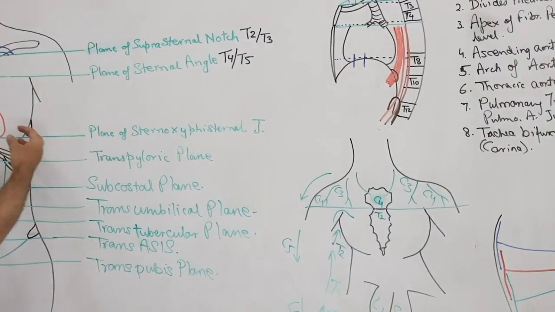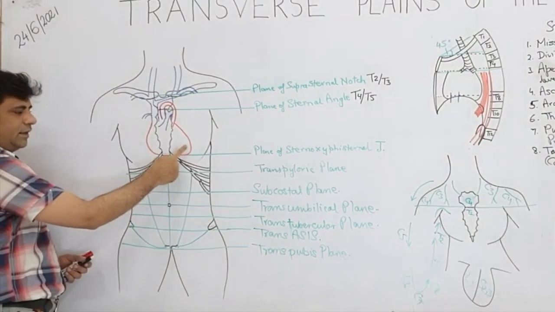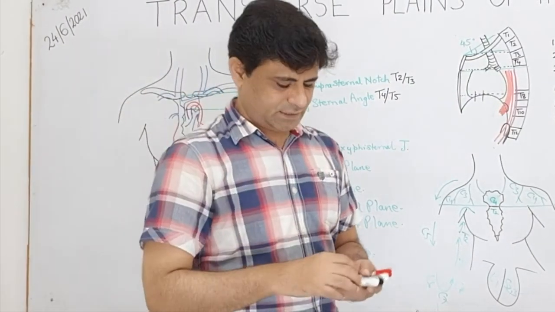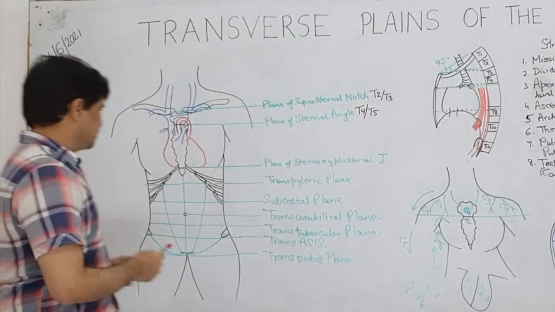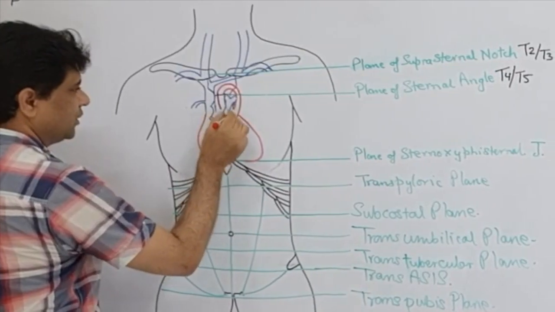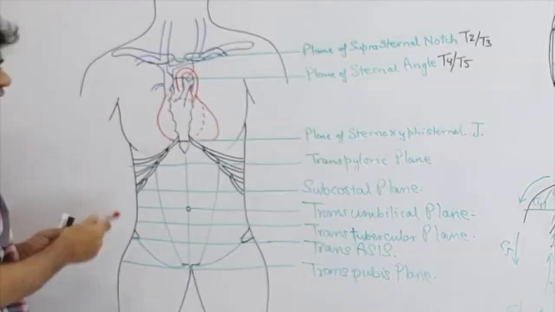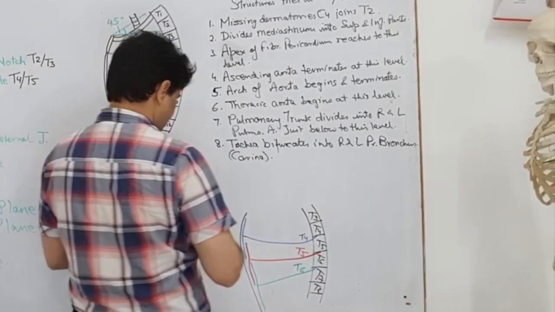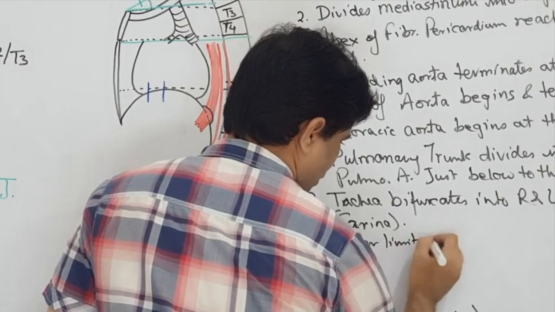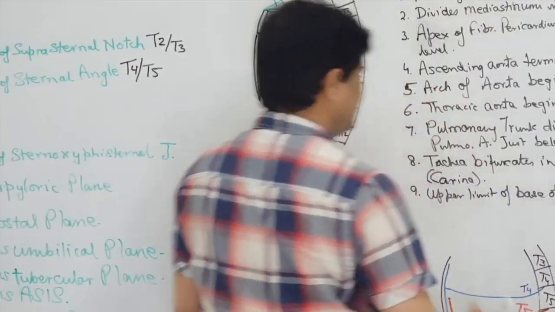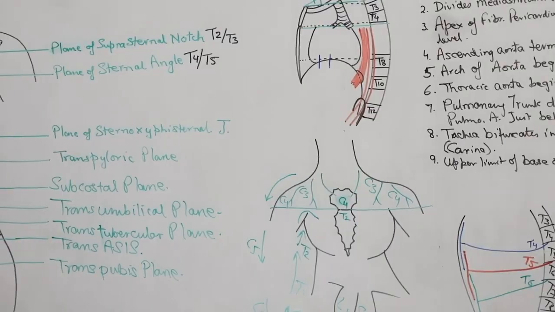Then as you know, this is the apex of the heart and the base of the heart is opposite to the apex. The base of the heart is the posterior surface. This you are seeing is the base of the heart, the posterior surface of the heart. So you can add this point, the upper limit of the base of the heart reaches this level, the sternal angle.